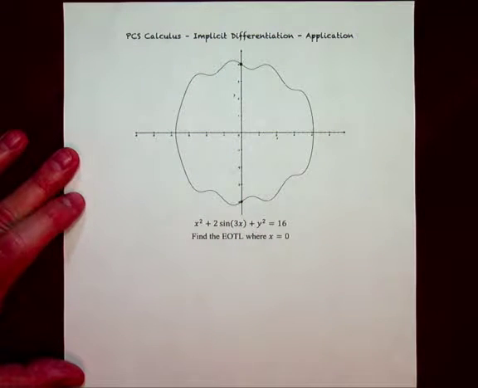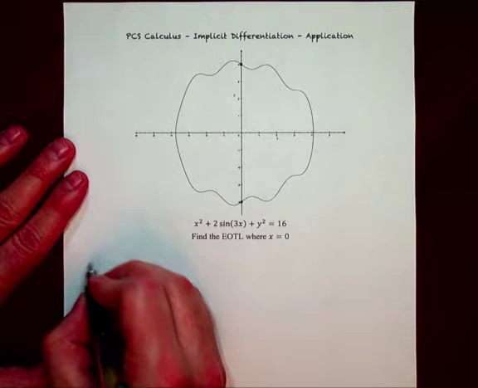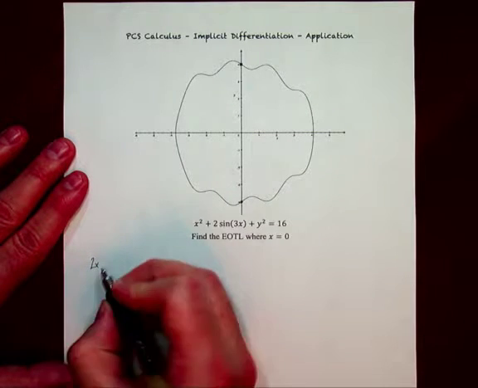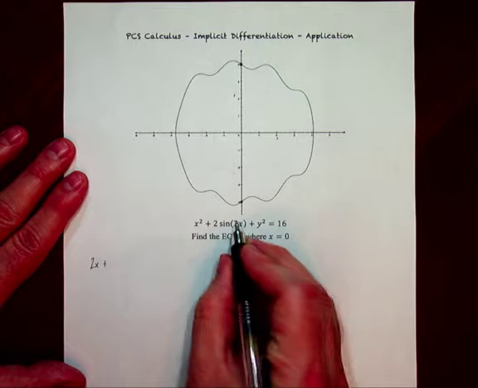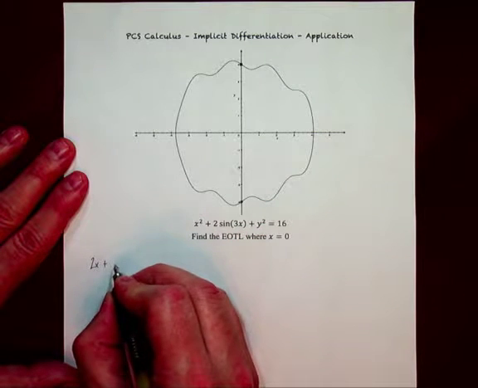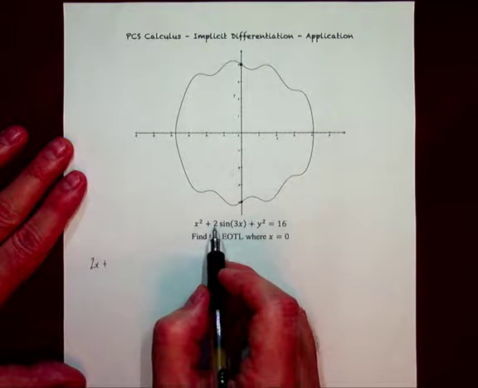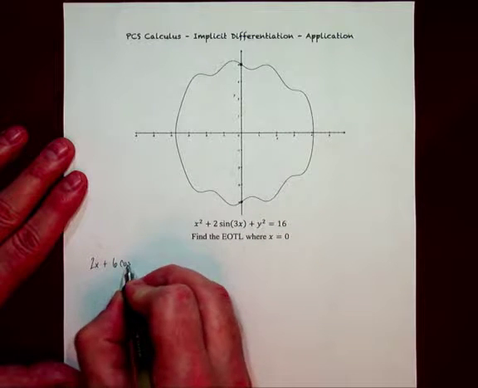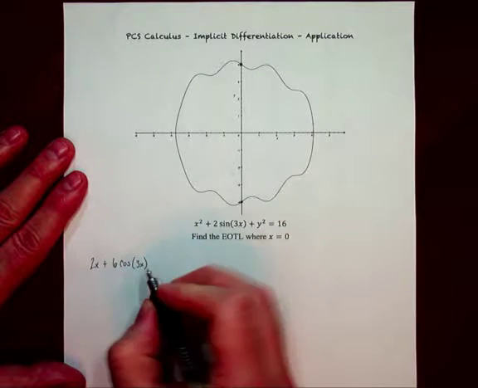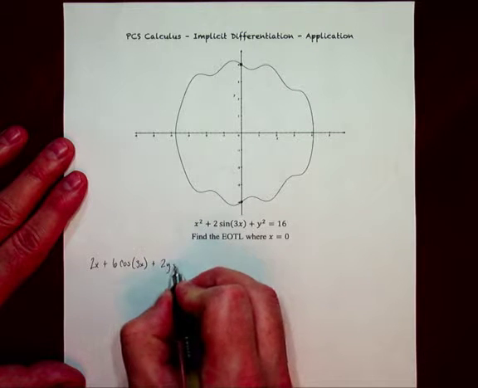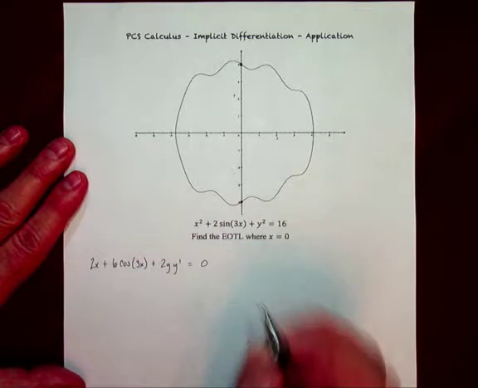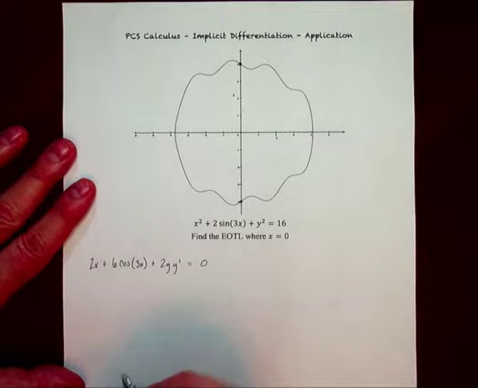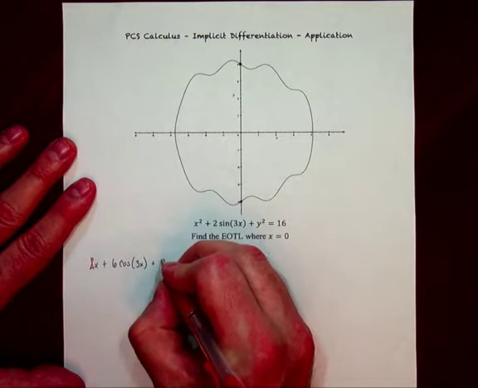Okay, well, let's go ahead and get started. I need to take the derivative, that's 2x plus, well, this one right here should be relatively straightforward too. It's going to be 2 cosine 3x times 3, so 6 cosine of 3x plus 2y, y prime is equal to 0. Now, as is often the case, we can go ahead and cancel. So that 2 and that 2 go bye-bye.